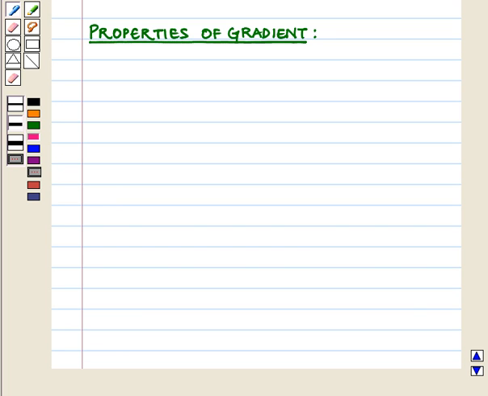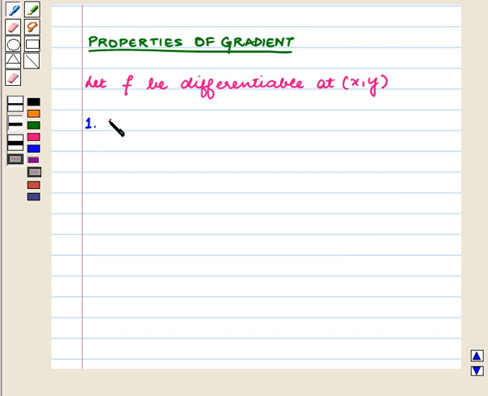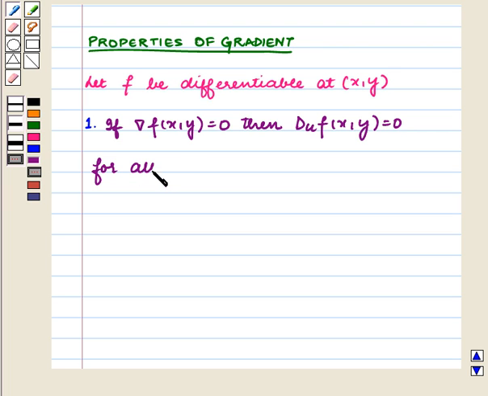Let us now discuss some properties of gradient. Let f be a differentiable function at xy. Then, if gradient of f of xy is equal to 0, then D sub u of f of xy is equal to 0 for all unit vectors u.